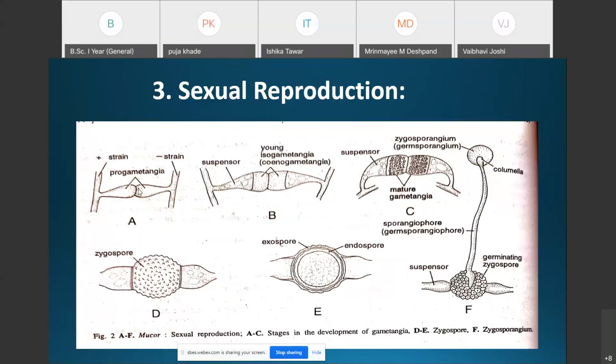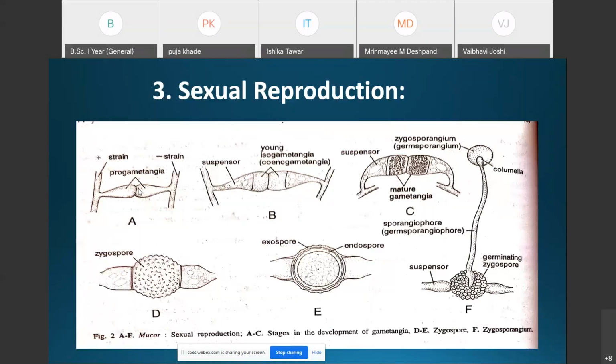The sexual reproduction in Mucor is isogamous, that is, the copulating gametangia are morphologically similar. The species of Mucor are either homothallic or heterothallic.